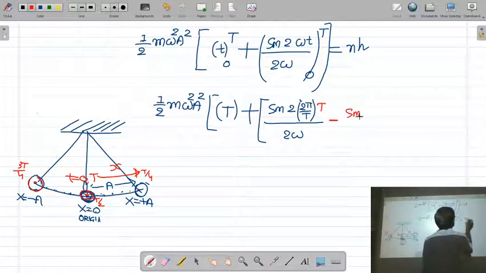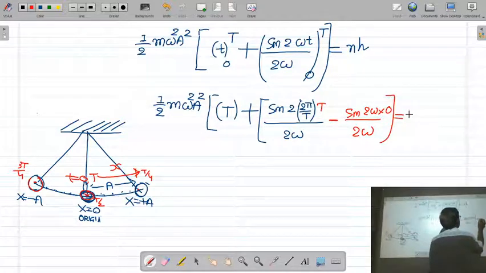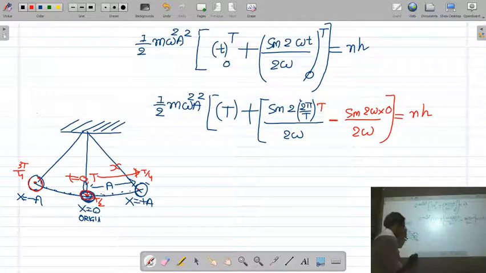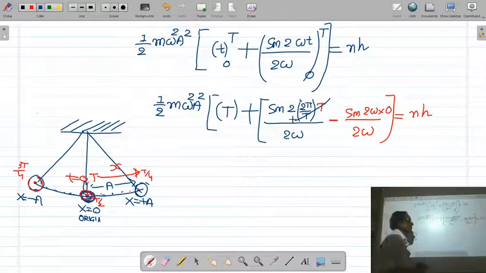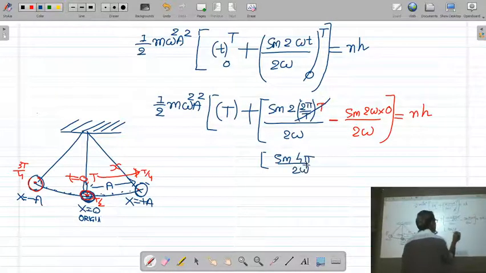sin 2 omega. The lower limit of time T is 0, so it is 0. This T is going to be cancelled. So in the first term, you will have sin 4 pi upon 2 omega.